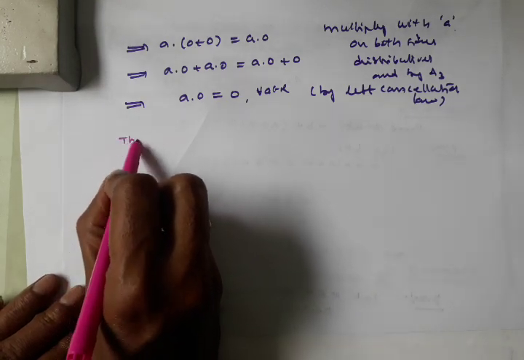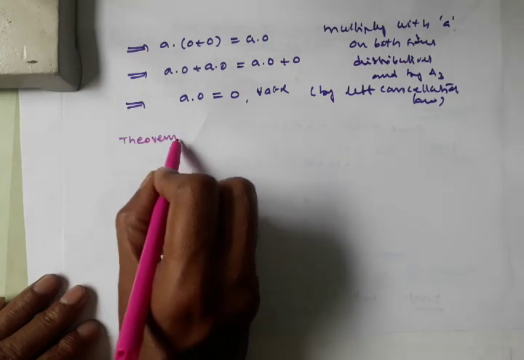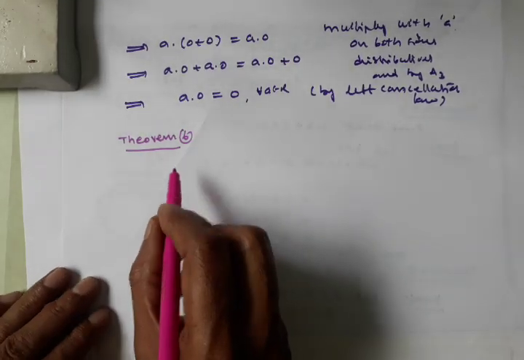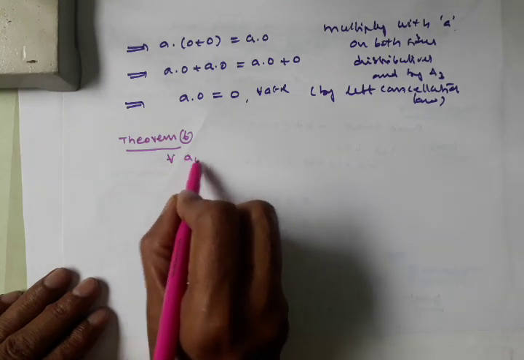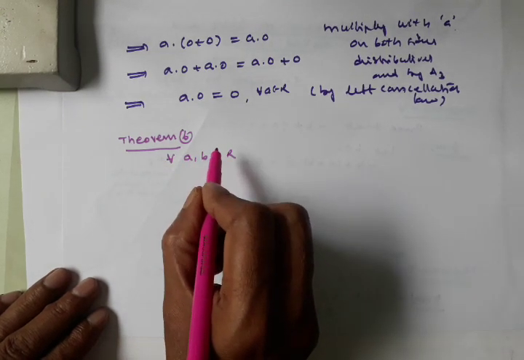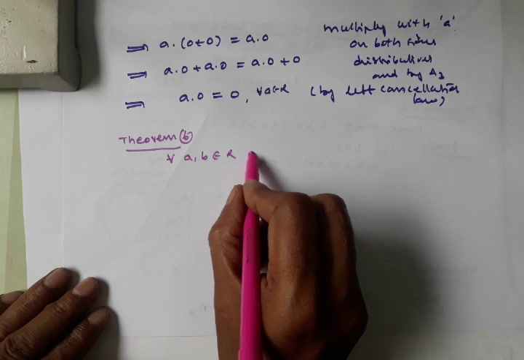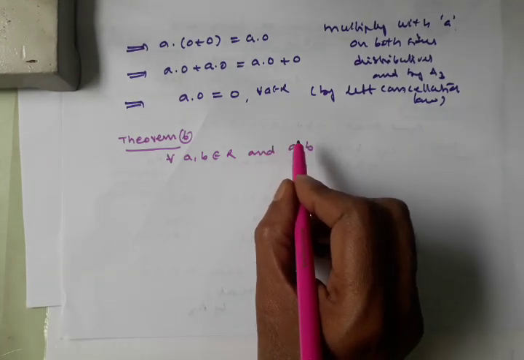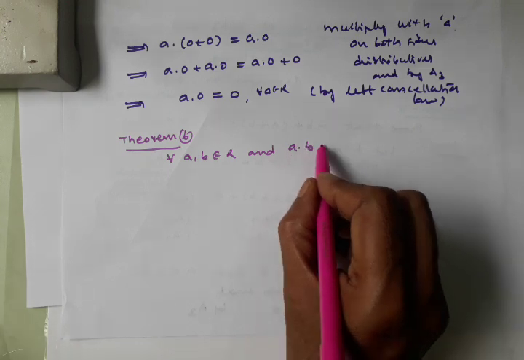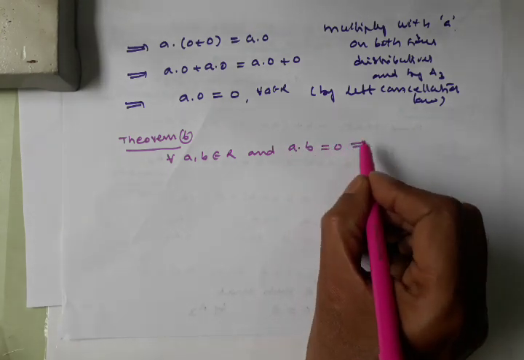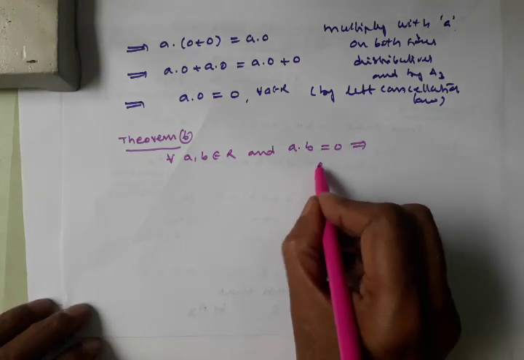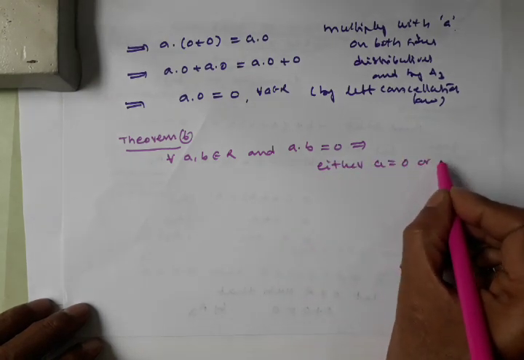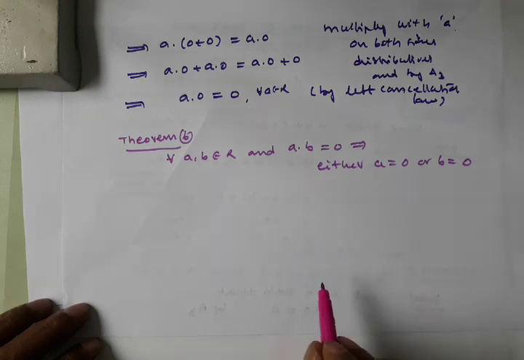Similarly, theorem 6. For all a, b belongs to R and a into b is equal to 0 implies either a is equal to 0 or b is equal to 0.